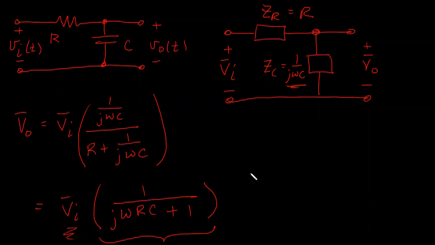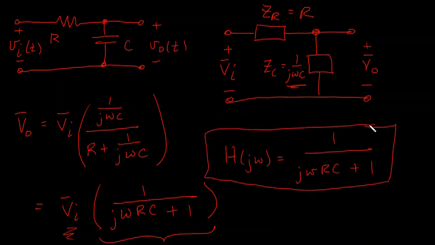So given this expression, we could write H of j omega equals 1 over j omega RC plus 1. Okay, and that is an important expression that describes entirely the input-output characteristics of this linear system.